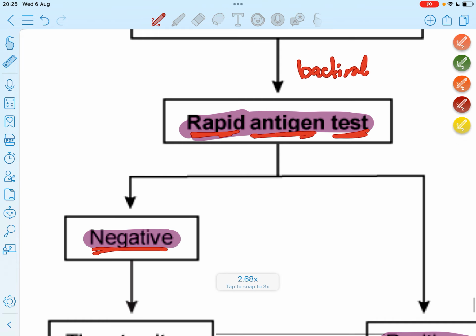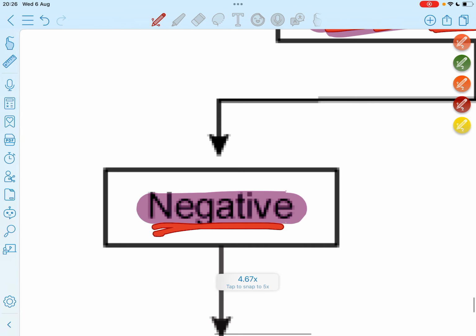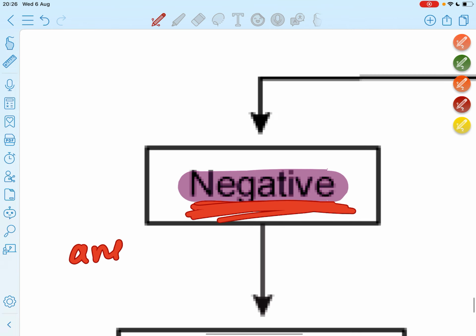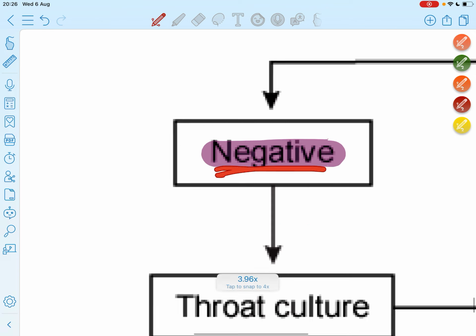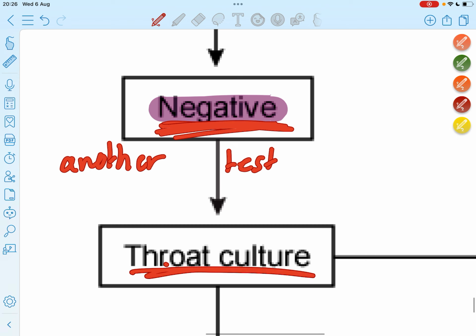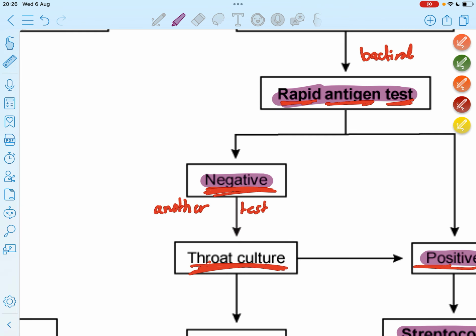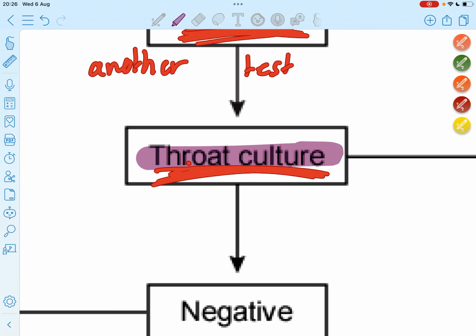But what if it gives you a negative? If it gives you a negative, we should not say it's a virus. No, you should do another test, and this test is throat culture. Always, after a negative rapid antigen test, you should follow it with a throat culture.